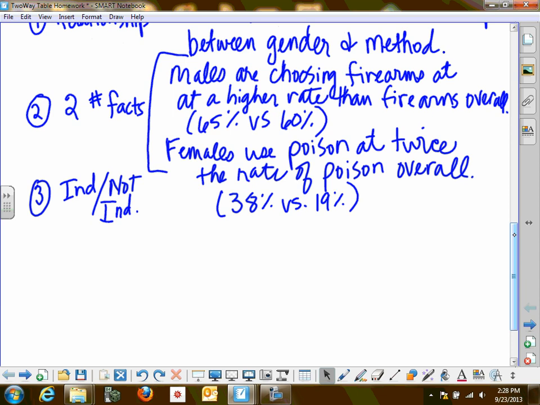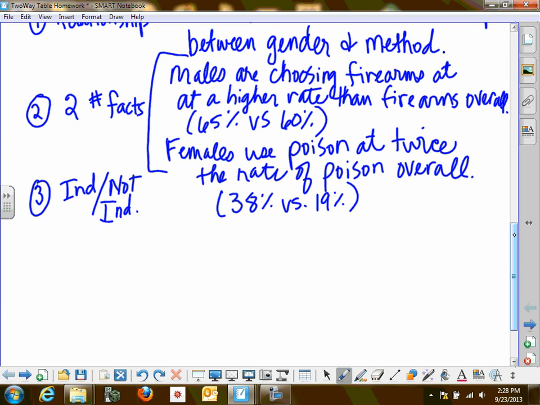The numbers are different, so something's happening. Good. So method and gender are affecting each other. So they are connected. If they are connected and they are affecting each other, then what's the conclusion? Not independent of each other, because they are connected. They are pulling each other in either direction. They are not independent. So that's the pathway.